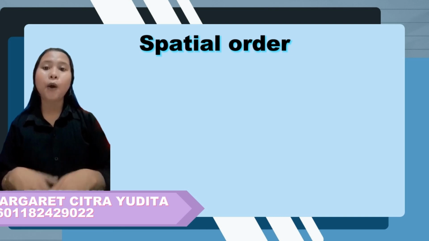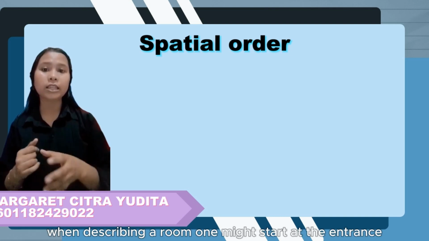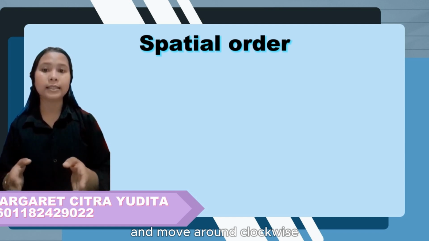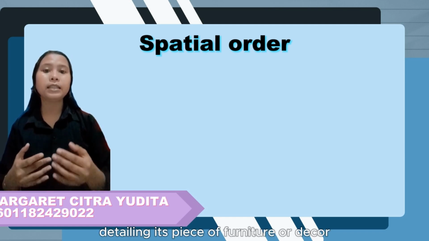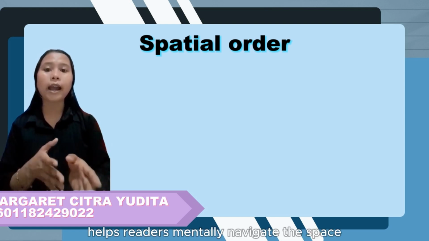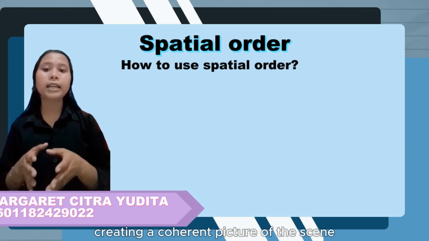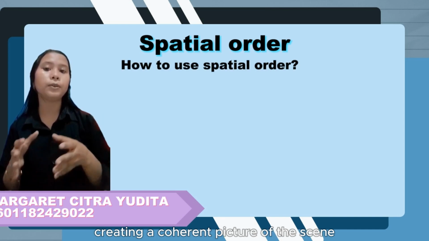For instance, when describing a room, one might start at the entrance and move around clockwise, detailing each piece of furniture or decor. This method helps readers mentally navigate the space, creating a coherent picture of the scene.